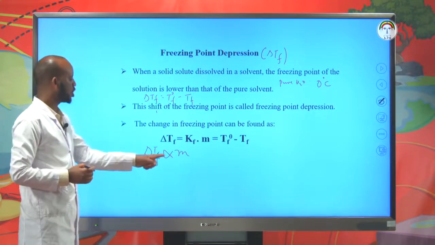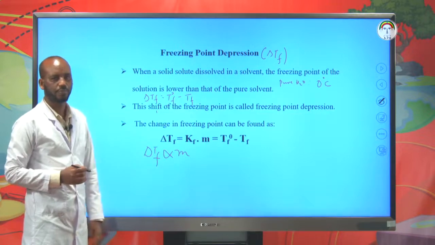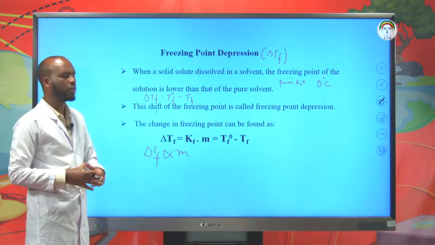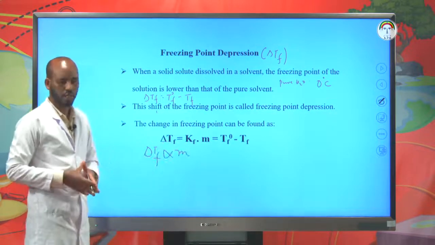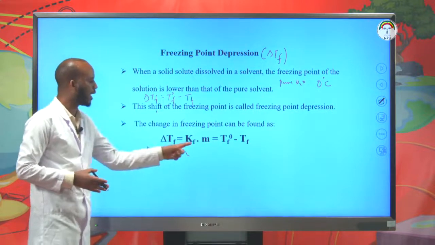This proportionality constant is known as freezing point depression constant, denoted by the symbol Kf.